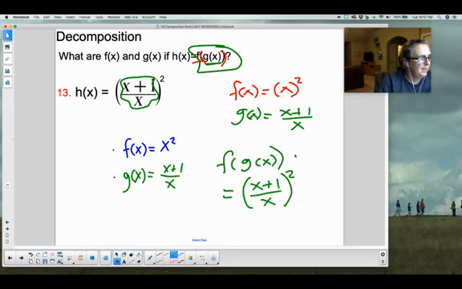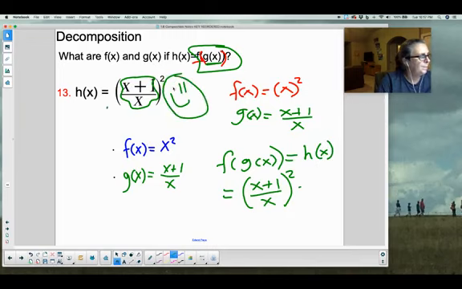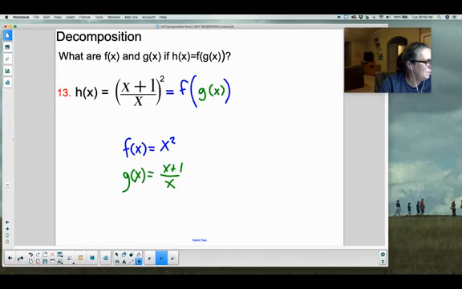When I put it together like that, my question said to make that be h of x, and here's what I've just written, h of x. Yay, it is. So that's function decomposition. There are many ways to do this. I prefer coming in from the outside in, but other people teach you to come from the inside out. It doesn't really matter. You can do it both ways.